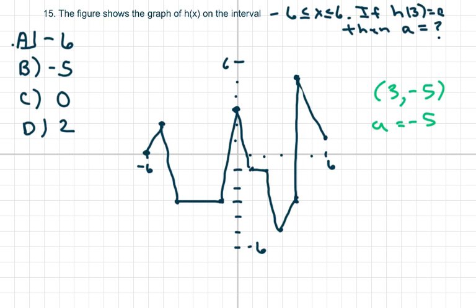But you're not done yet, because you're asked to find the value of h of A, or h of negative 5. So find the point on the graph that has an x-coordinate of negative 5. So we go to negative 5, and h of A would equal 2. So that matches 2.